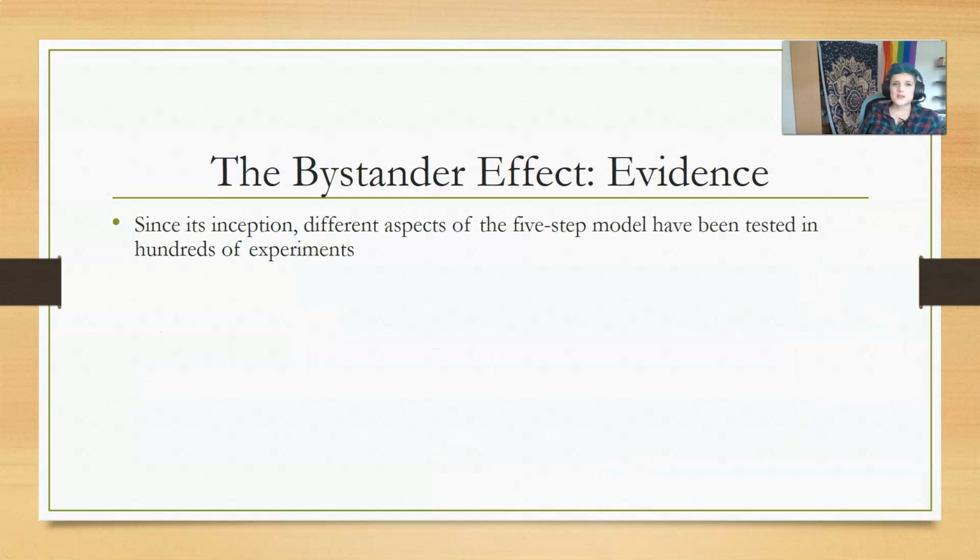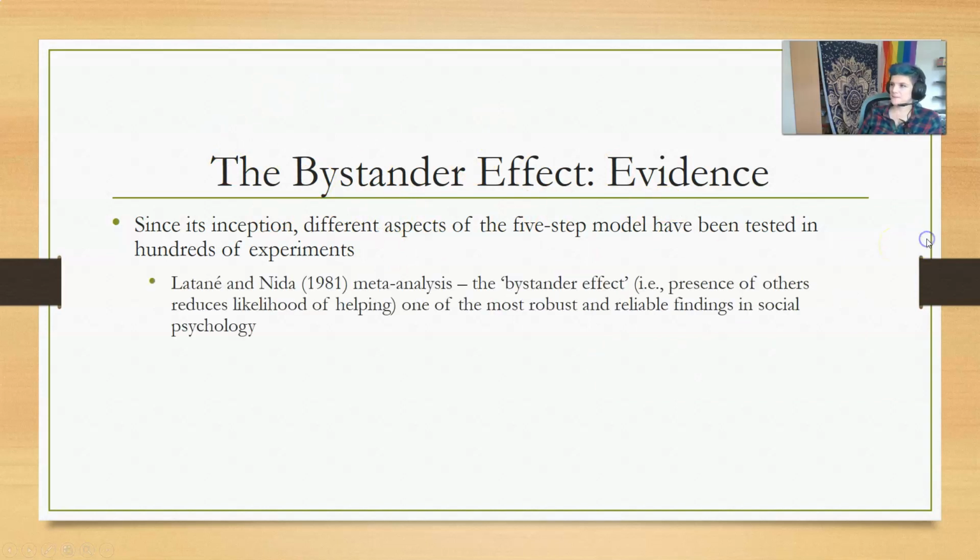Since its inception, different aspects of the 5-step model have been tested in hundreds of experiments. This is called the bystander effect, basically, where other people don't help because other people are present. Latane and Nieder conducted a meta-analysis and found that this bystander effect, the presence of others reducing the likelihood to help, is one of the most robust and reliable findings in social psychology.